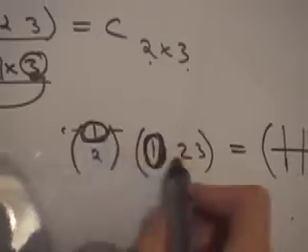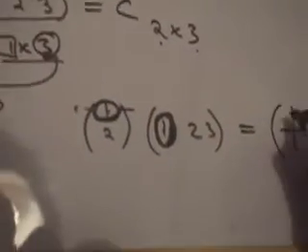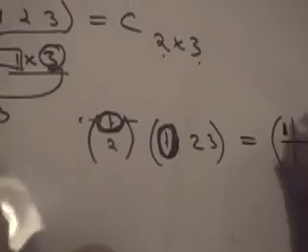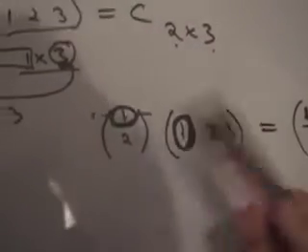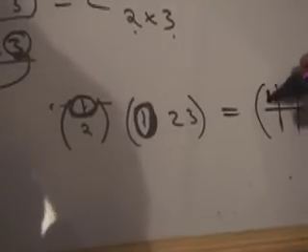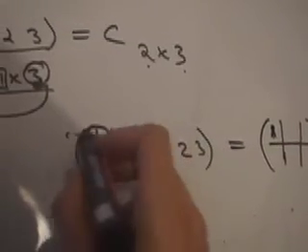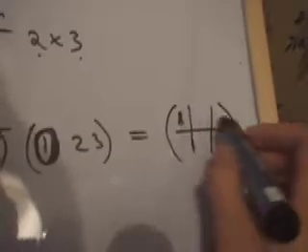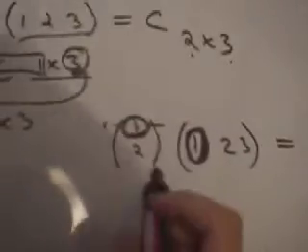Then you multiply them. 1 times 1 is 1. You know that it's in this element here because this is where these two correspond: the first row and the first column.